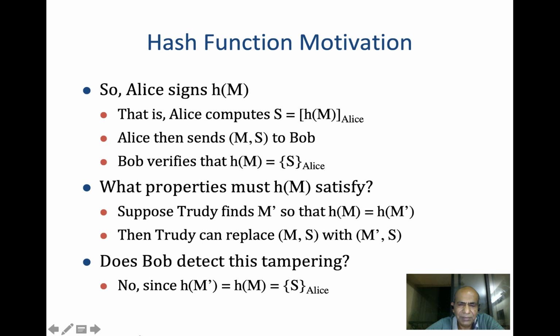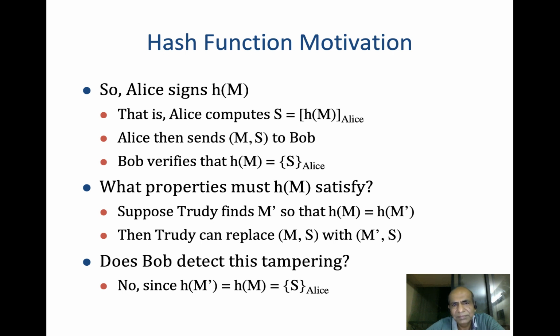So he will never know that he has received an incorrect value of M. Ideally it should have been M, but he has received M dash, which is a fake version that comes from Trudy.